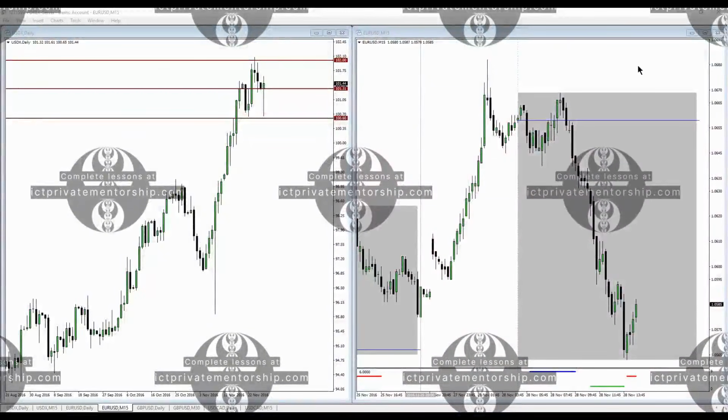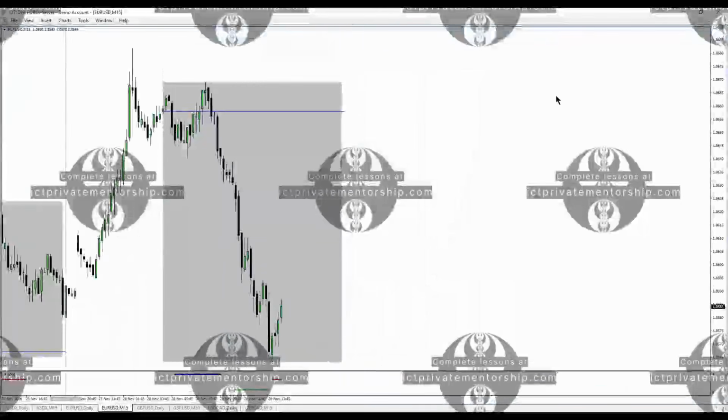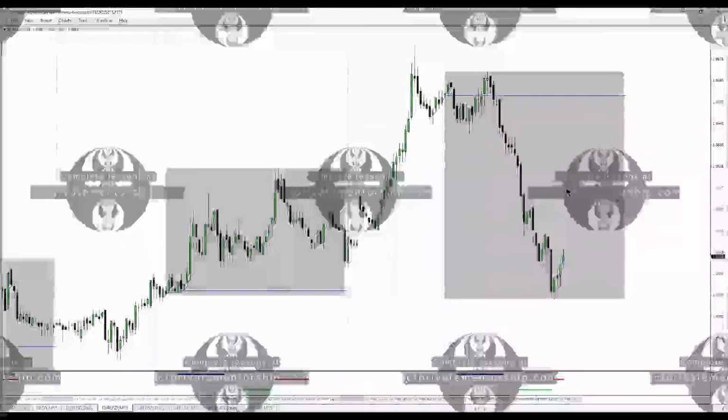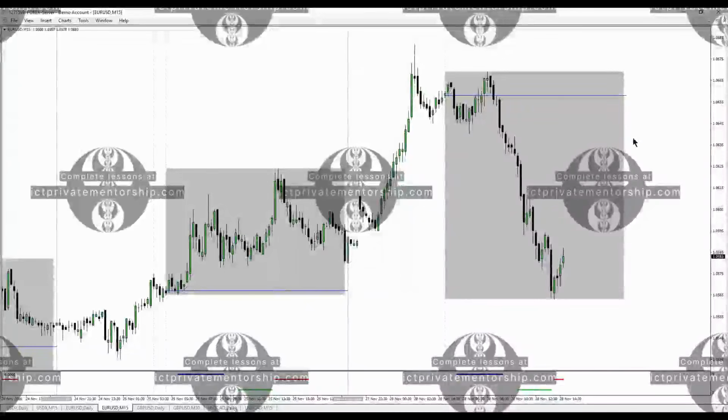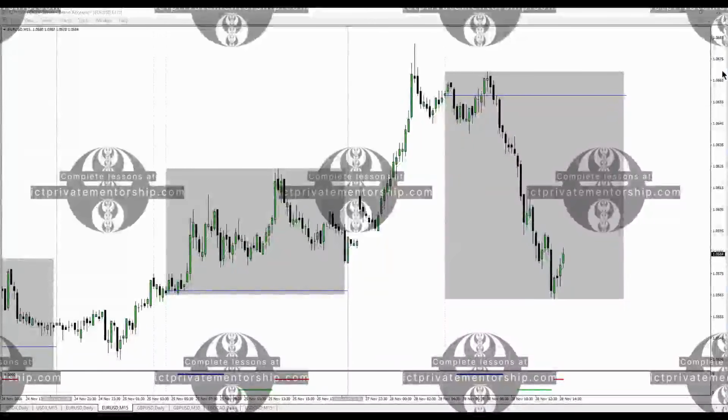Okay, so now I have all of my days, and let me maximize this so you can see it. What I did was delineate the entire range here, and I'm going to scale it back from showing all the way to 20. I'm actually going to scale it only to show midnight to noon.